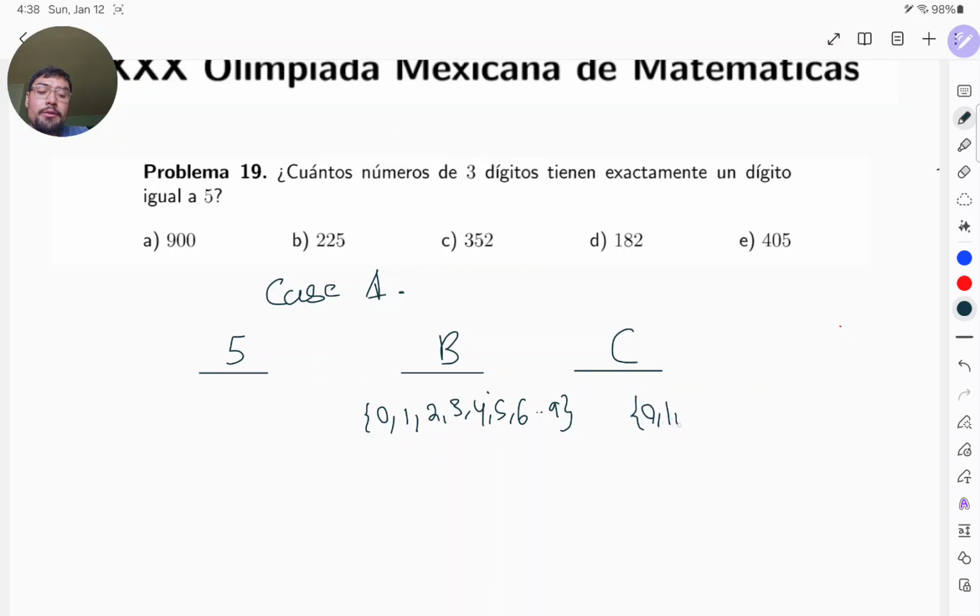But we cannot choose B or C equal to 5, because it might lead to an invalid number. 0 is also a possible value, since if both b and c are 0, we get 500, which is a valid number because it has just one digit equal to 5.